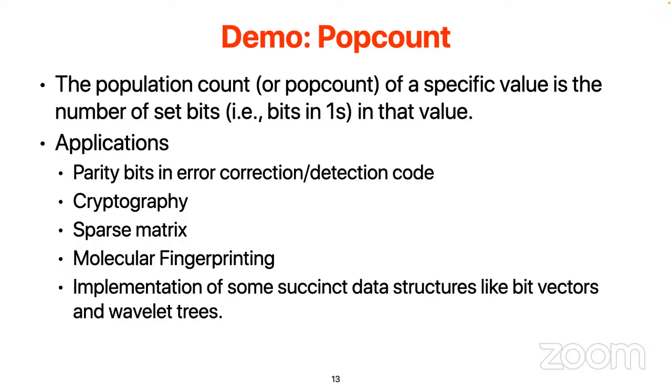So that's also useful. You also want to get fingerprinting by counting how many ones are there. And sometimes we use bit vectors to implement some kind of data structure, and counting how many ones are there is also important. So this is a very important problem.